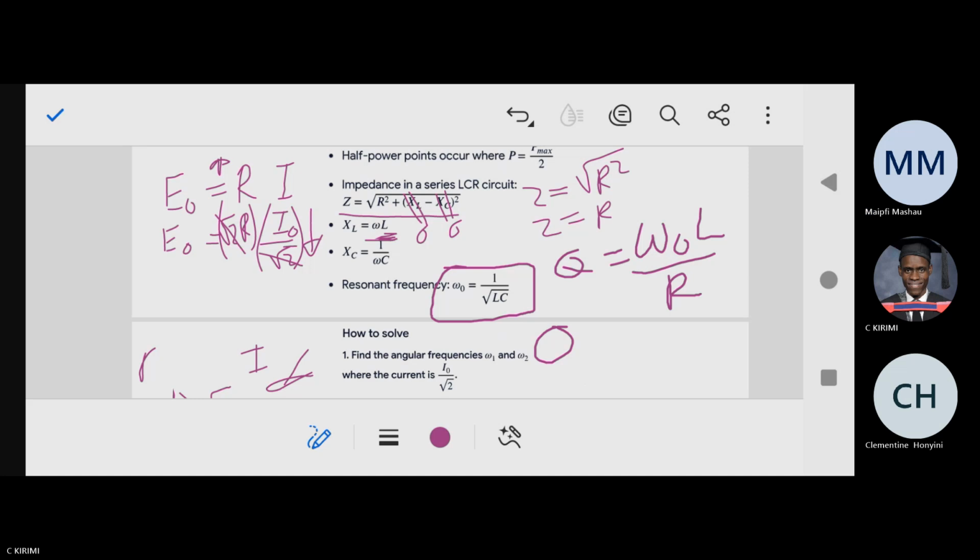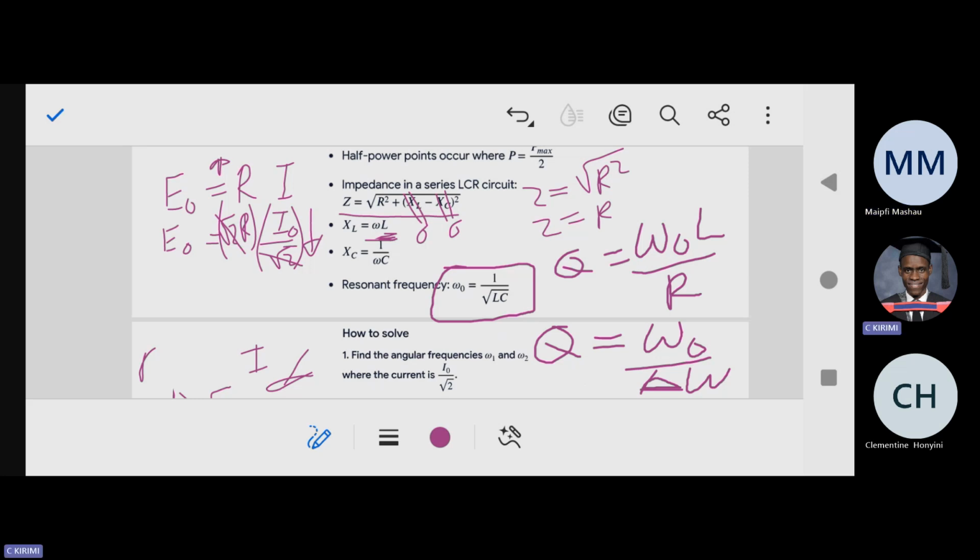Q is equal to W naught divided by the change in omega. This is how you find the quality factor. Are we together? Yes.